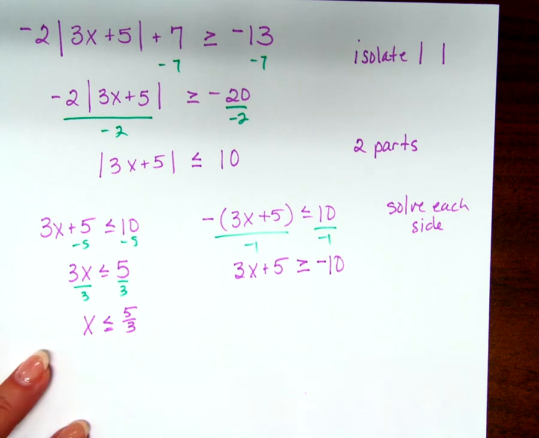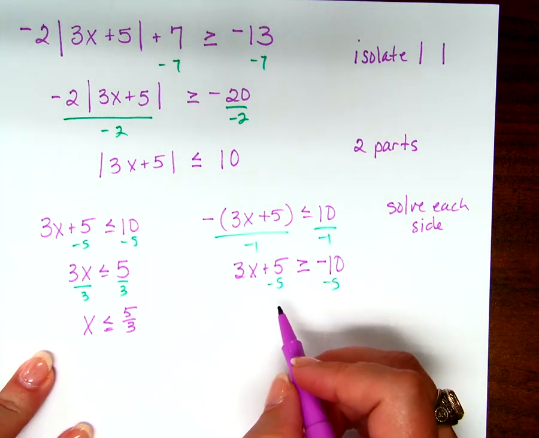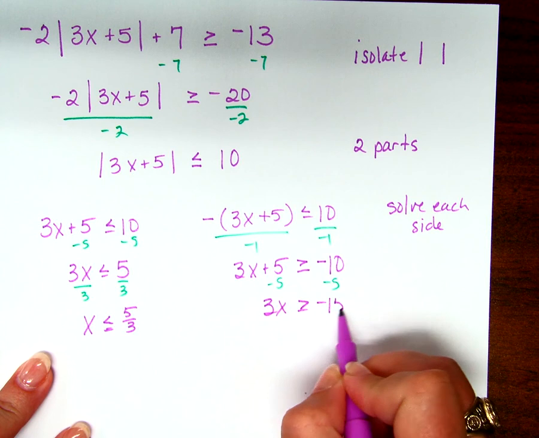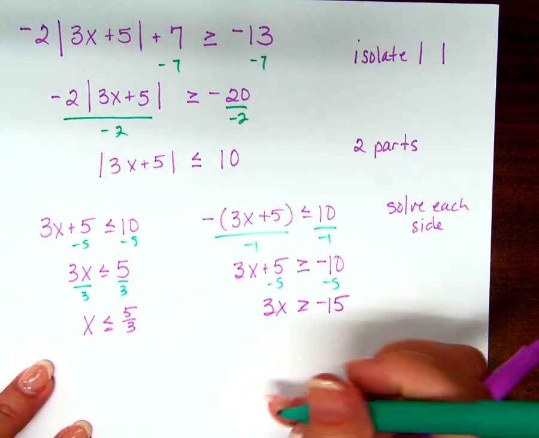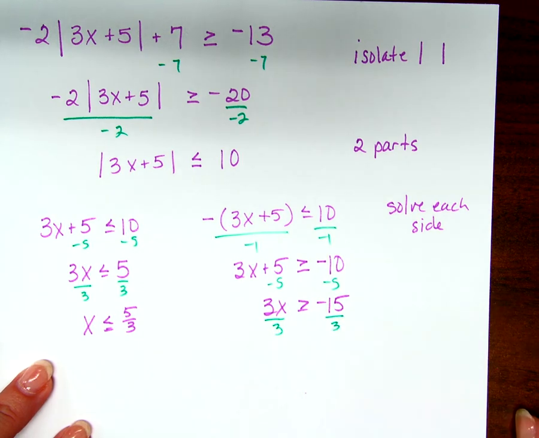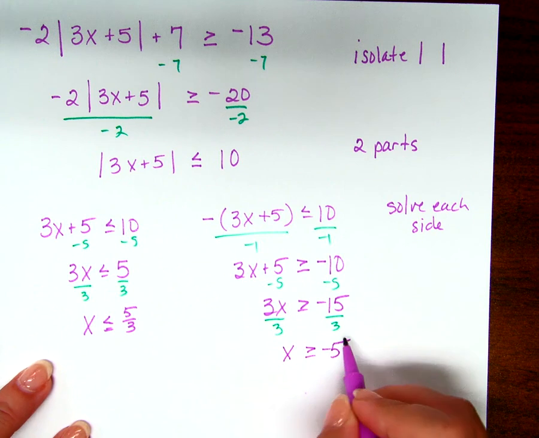Of thinking. Subtract 5. 3x is greater than or equal to -15. Dividing both sides by 3. X is greater than or equal to -5.